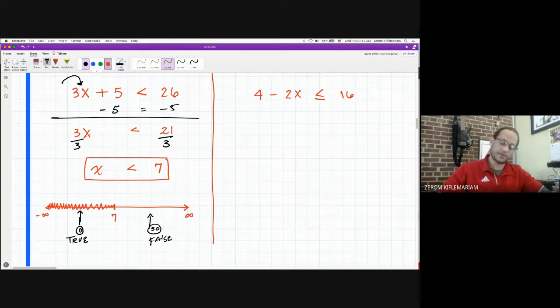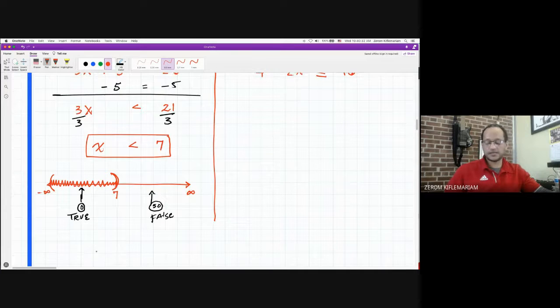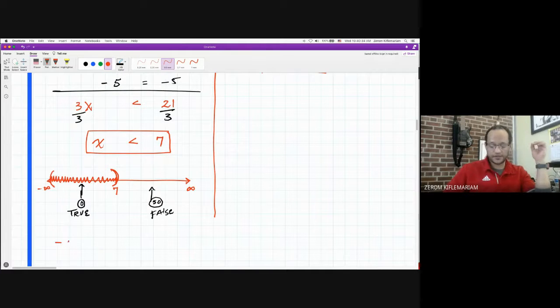The only thing that I have to remember is infinity is a parentheses. 7, since this side is just less than, I have to make sure that is going to be a parenthesis, and that will be my answer in graphing form. So the shaded area starts from negative infinity and goes all the way to number 7, from there to there, and that will be my answer using interval notation.